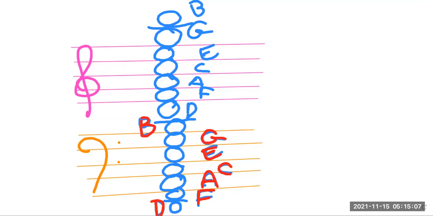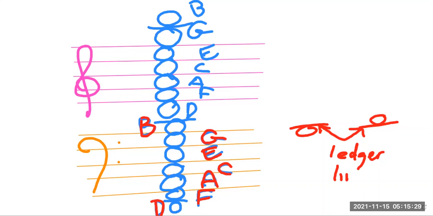If you see this kind of thing, or this kind of thing, these are ledger lines. They basically mean there's an invisible line off the staff that you can't see, but they put it there so you can read notes that are not on the regular staff.